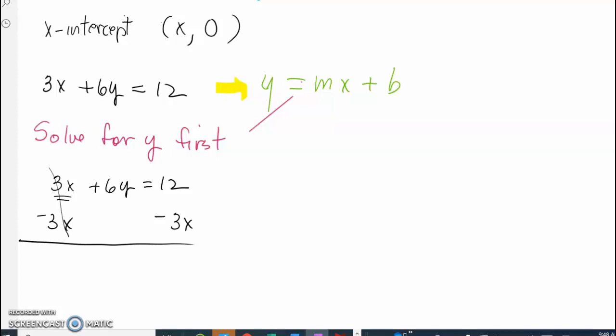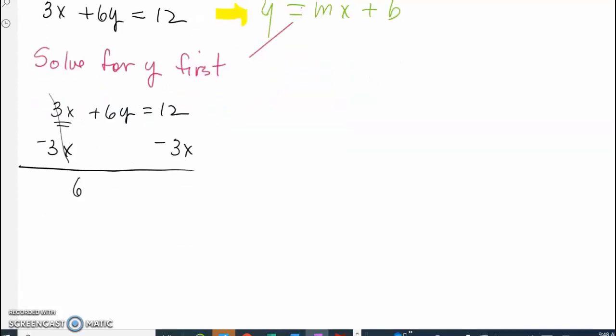All right, this goes out, and we're left with 6y equals, now, the way it's written is 12 minus 3x, but if we want to put it into the form of y equals mx plus b, I suggest we rewrite it as such. 6y equals minus 3x plus 12. Don't forget to carry the negative sign with the 3x term.